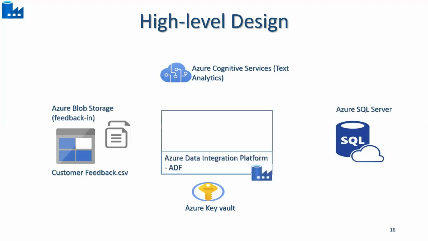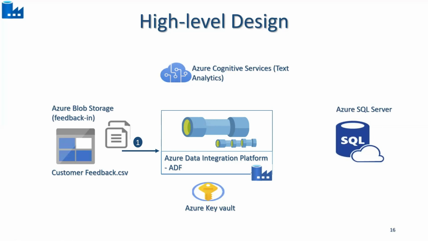Lastly, we need the Azure Data Factory service. Inside our Azure Data Factory, we have a pipeline. This pipeline reads data from blob storage, from the feedback in container. If it has 100 rows, 100 feedbacks, then it will pass 100 rows to a for each loop.